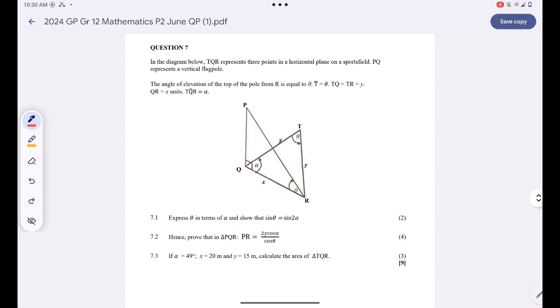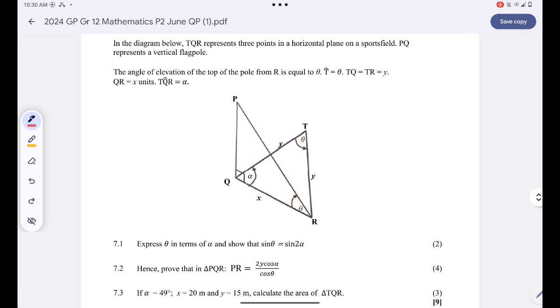First question, they want us to express theta in terms of alpha and show that sine theta is equal to sine 2 alpha. Firstly, let's focus on this triangle over here. We have an isosceles triangle. If this angle is alpha, that means that entire angle over there is also alpha.